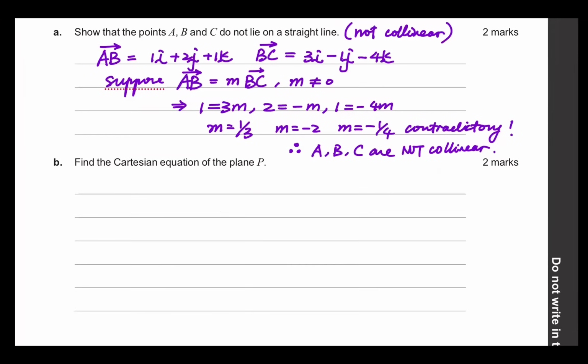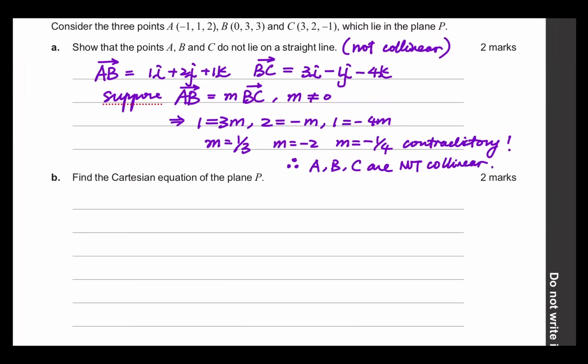The next thing is to find the Cartesian equation of the plane P. Well, you have already obtained AB and BC. You could just do a cross product. There are different forms, but all equivalent for that equation of P. So firstly, let's do BC cross AB, or you might want to do AB cross AC or BA cross BC or whatsoever.